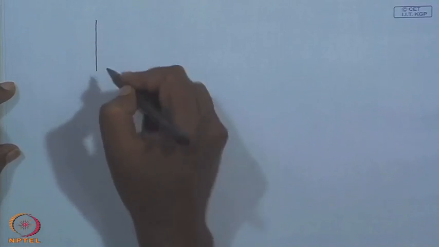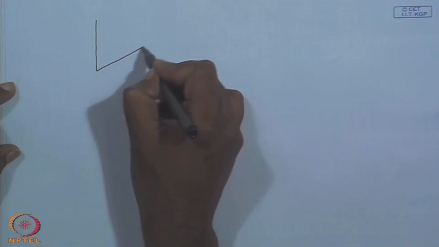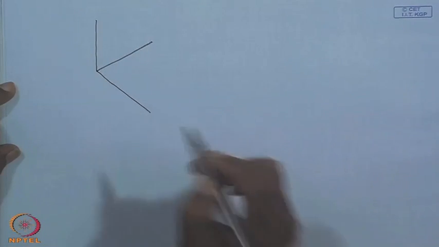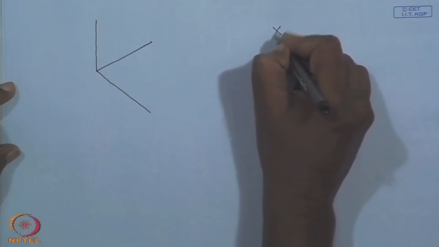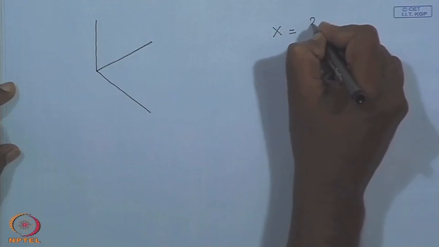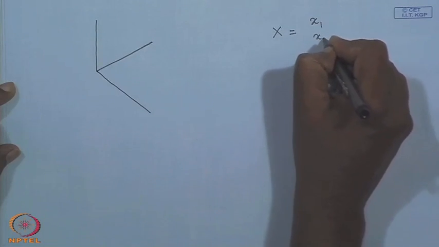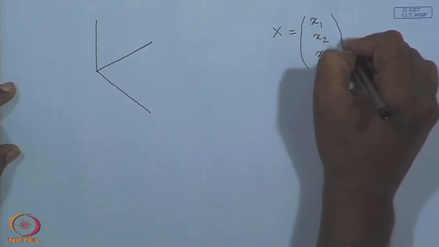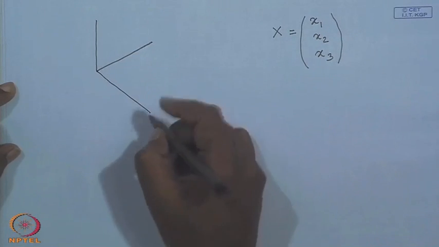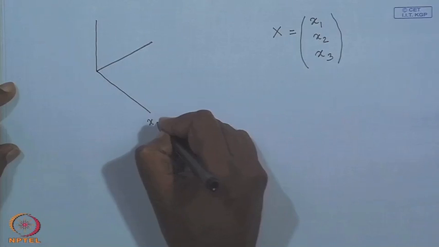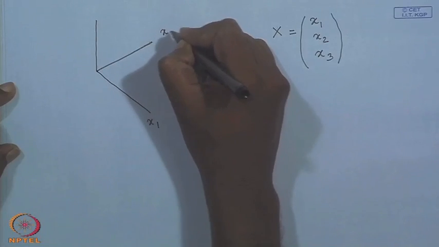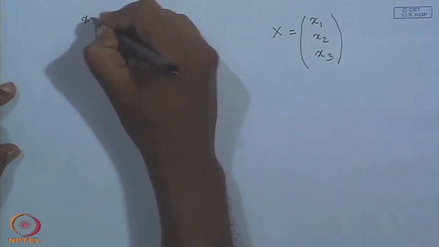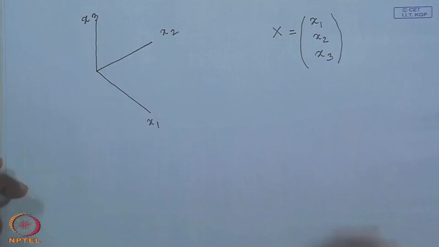So, in the last class we had taken a particular scenario. So, now my vector x will be a 3 dimensional vector. So, vector x is equal to x 1, x 2, x 3. So, it has got 3 components. So, accordingly I say that this is my x 1 axis, this is my x 2 axis, this is my x 3 axis.